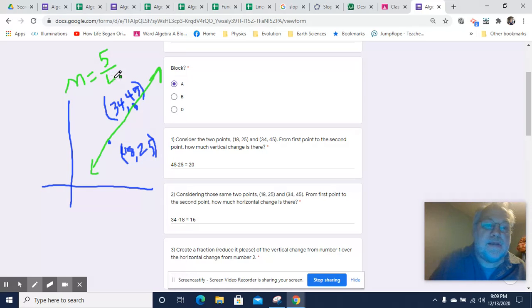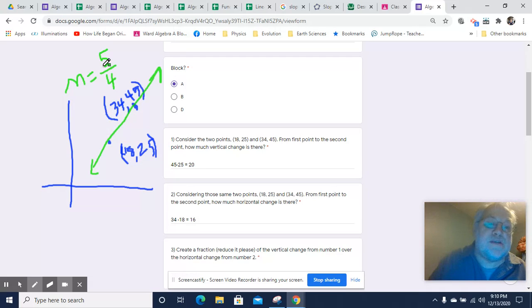What that means is wherever you are on this line, the ratio of the vertical change to the horizontal change is 5 to 4. So you'll just constantly be going up 5 over 4, and you pick any place on this line. You go up 5 spaces and over 4, you'll end up on the line.